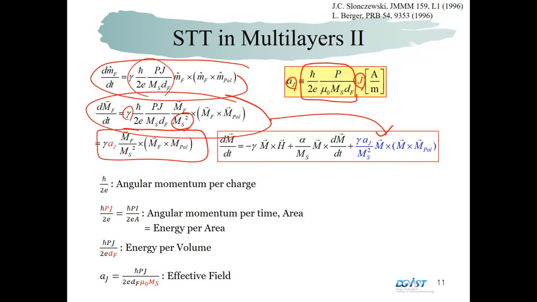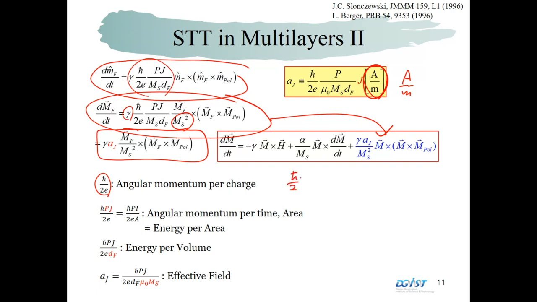Okay. And pay attention to the unit of AJ. Let's check the physical meaning of AJ. Let's start from this part. This is the angular momentum per charge.